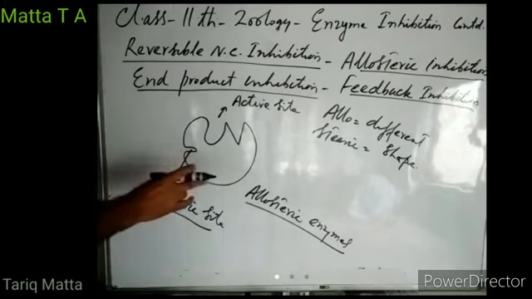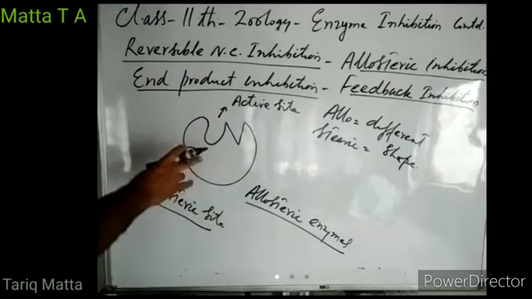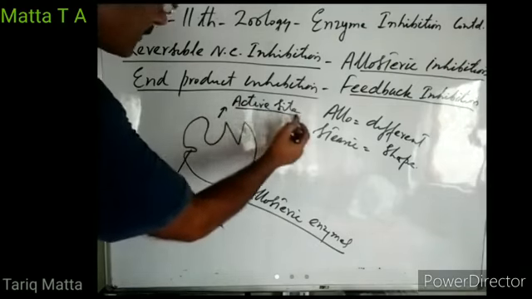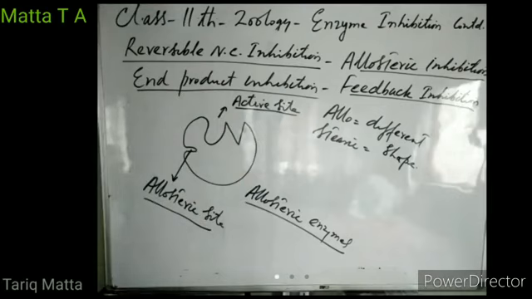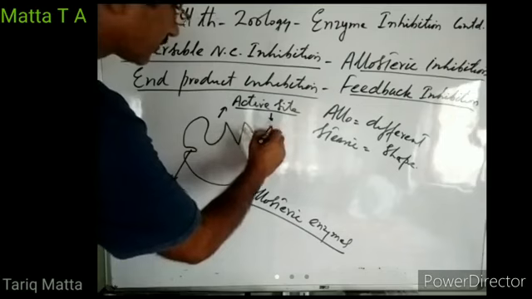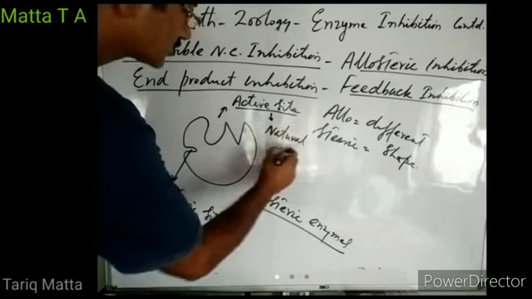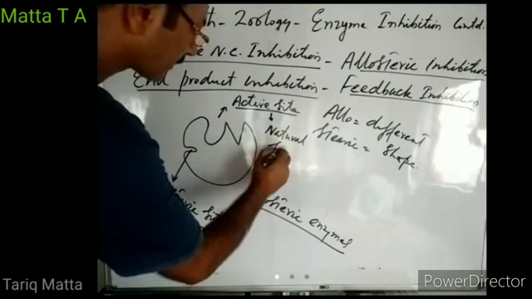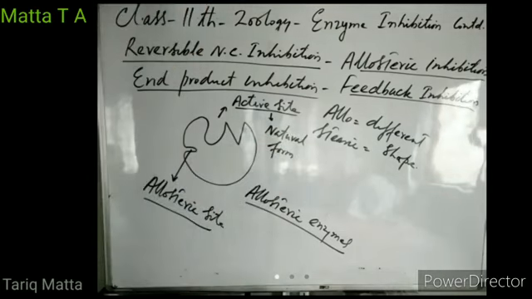When the inhibitor molecule is not bound to the enzyme, the shape of the active site is in its natural form.